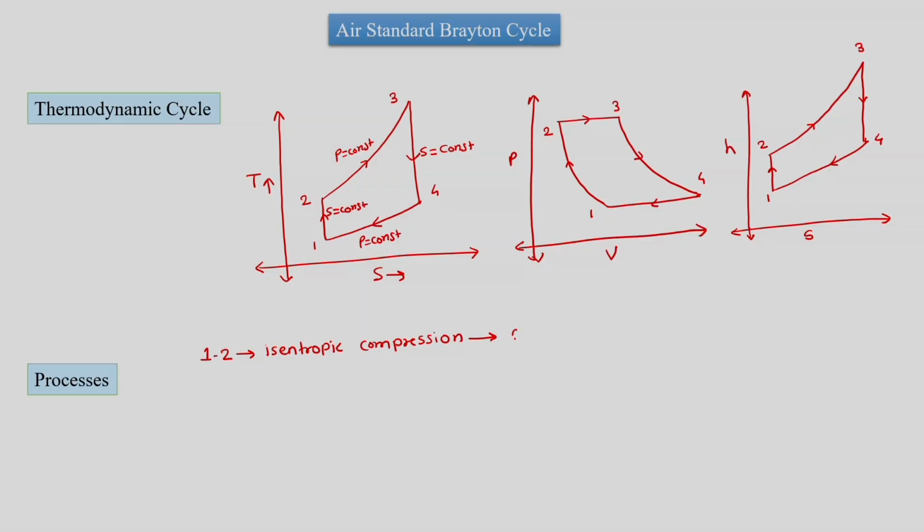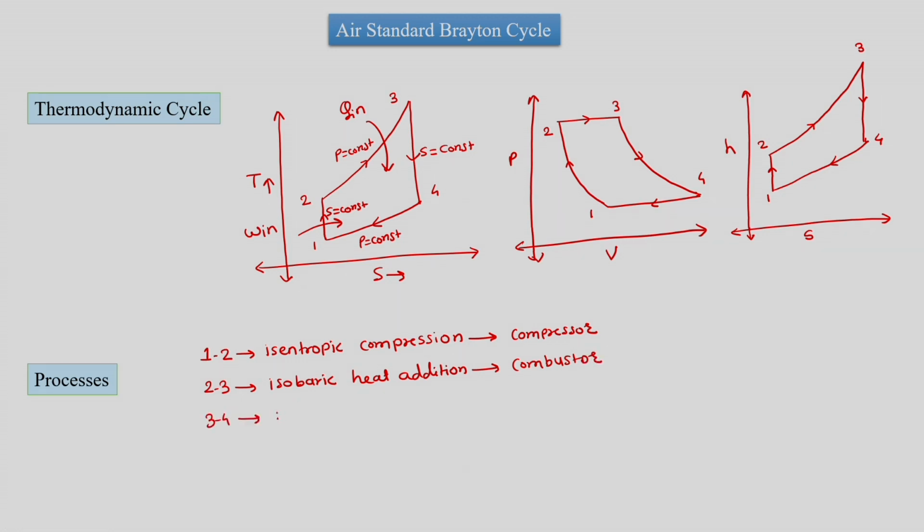So isentropic compression will be conducted in the compressor, and then process 2 to 3 is isobaric heat addition. So we add heat here: there is Q in, there is W in, and this process is conducted in the combustor or combustion chamber.